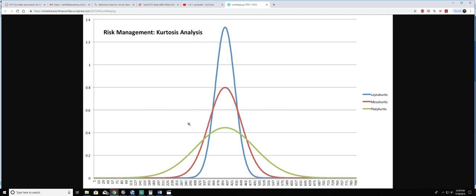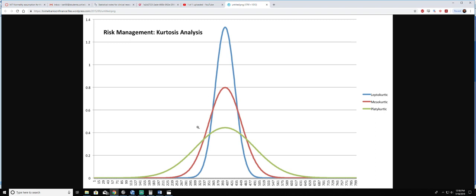So it is measuring how the data are clustered around the mean. A negative kurtosis statistic means that your data is less clustered around the mean. You can see that in this green, fat distribution down here.